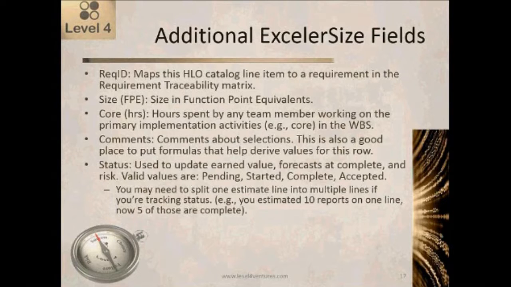So quantity was 10, and the catalog item was reports. But now we're in a situation where 5 of those are not started and 5 of those are complete. Well, I would need to split that line into 2 lines so that I could show 5 with a status of complete and 5 with a status still of pending.